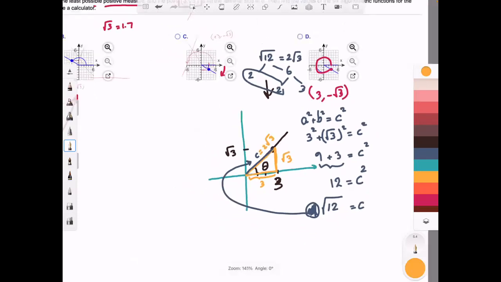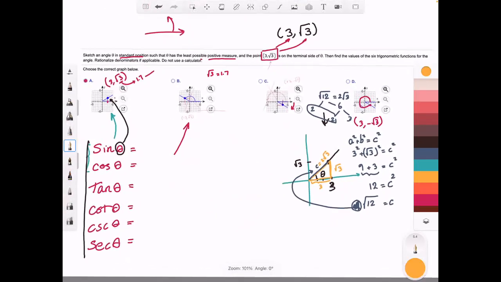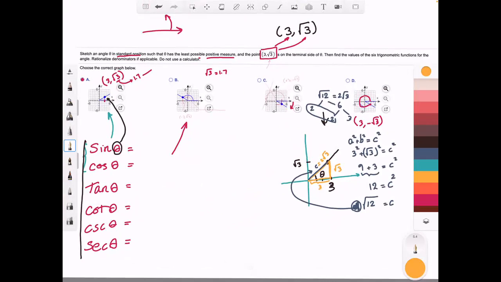So now we go back to our note sheets. This is very important that we learn: sine of theta is opposite over hypotenuse, correct? But instead of writing those words, we said we can just say y over r.